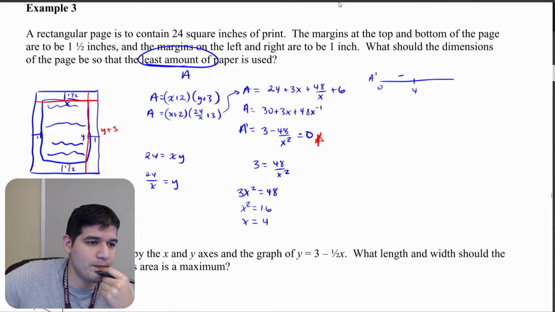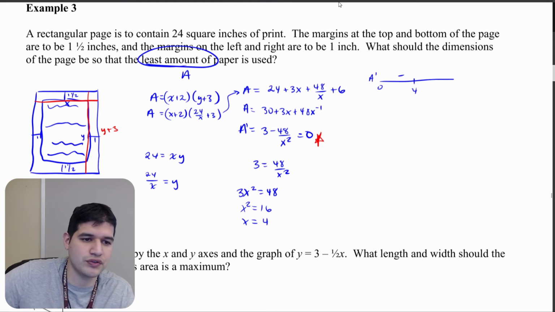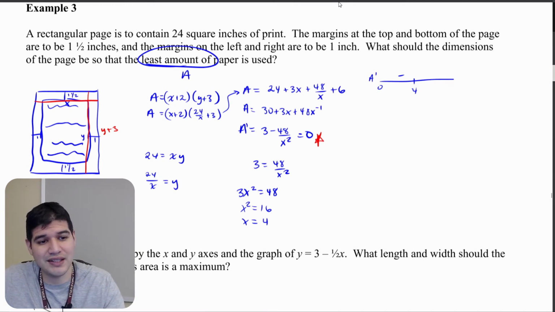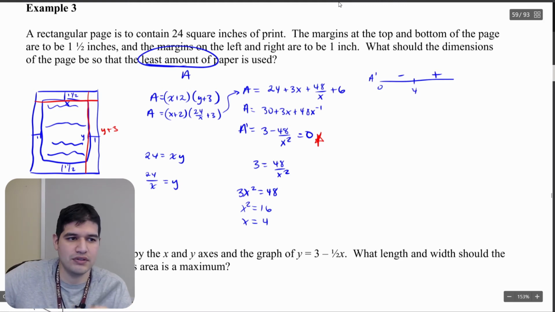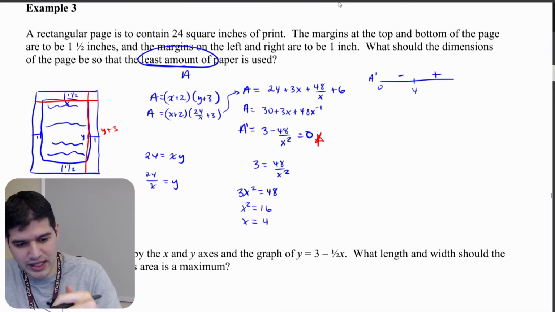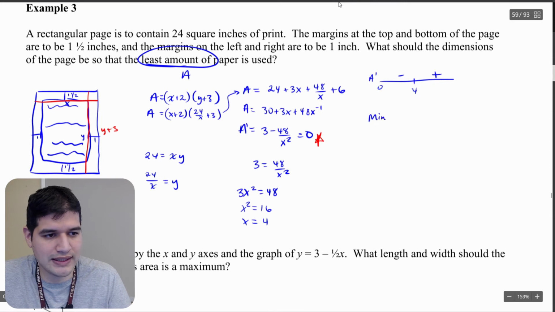Then if I use a value that's greater than 4, let's do 100. 100 squared is a very large number, 48 divided by that is going to be very small, so 3 minus that is still going to be positive. Because A prime changes from negative to positive, we know that we have a minimum.